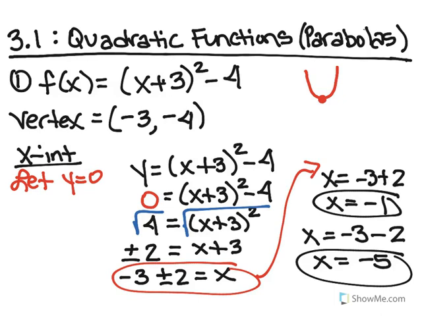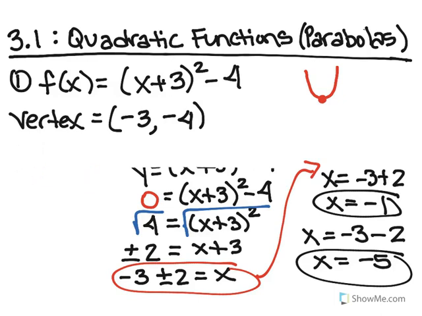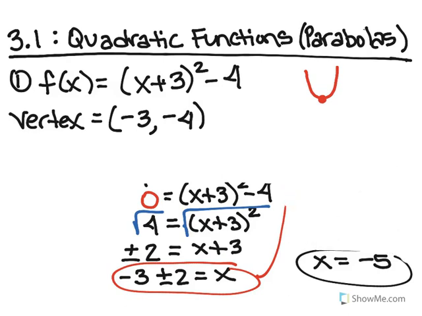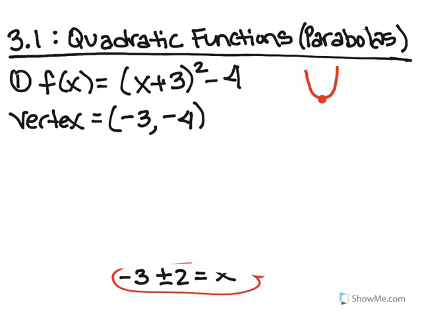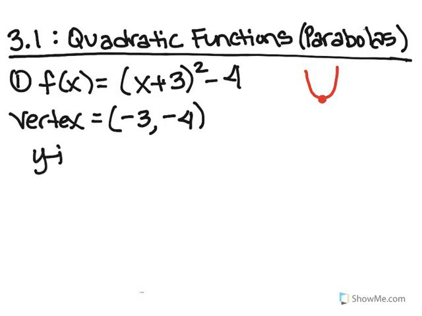Now I'm going to do a little erasing. And we're going to find the y-intercept. Now, in order to find the y-intercept, this time you're going to let x equal 0. Anytime you're finding intercepts, you let the other variable be 0. So back into our original equation, we know f of x means y.